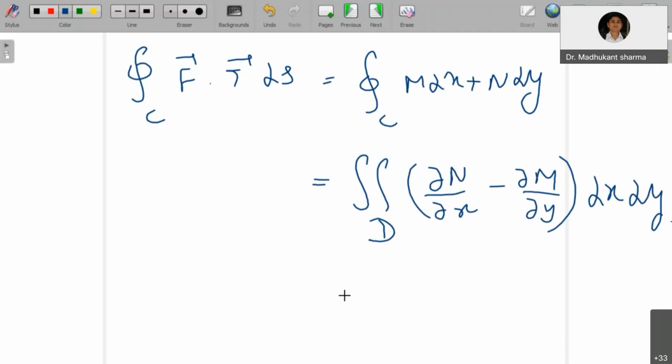This is the tangential form, and it is easy to memorize as well. The dy coefficient is differentiated partially with respect to x, minus the dx coefficient partially with respect to y.